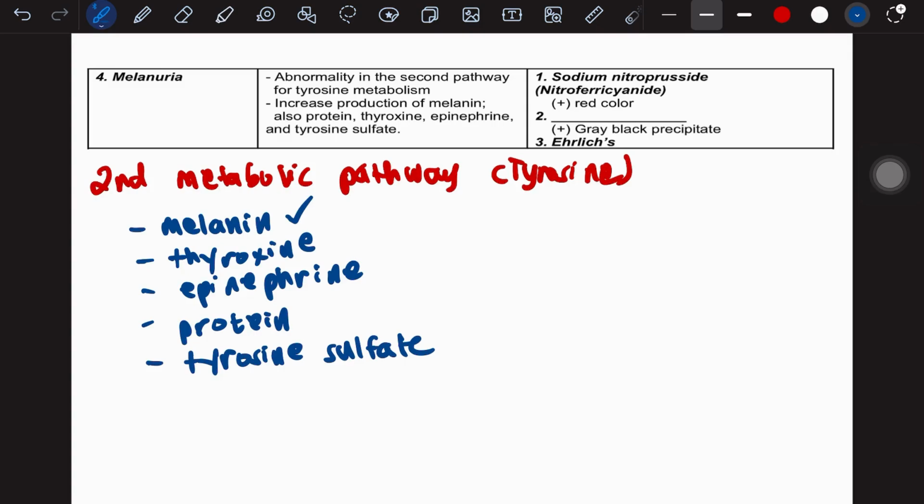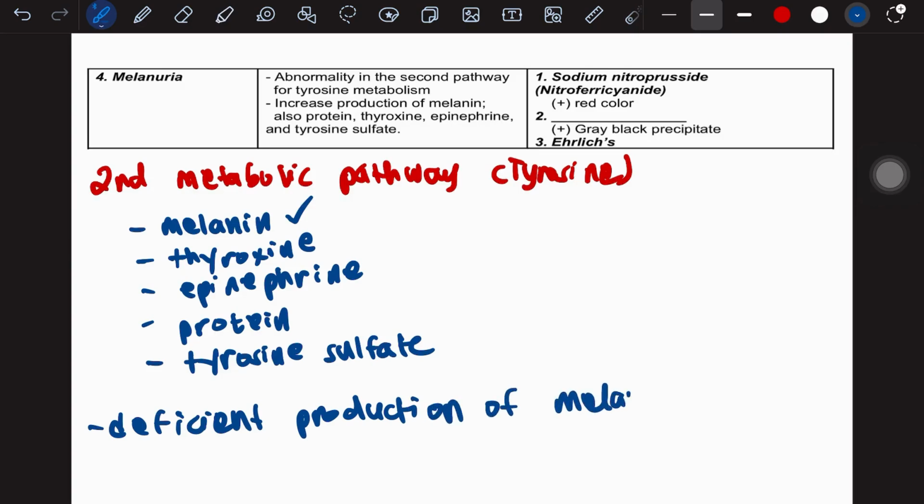So, our melanin is the pigment responsible for the dark color of hair, skin, and eyes. So, what is the disease called if there is a deficient production of melanin?